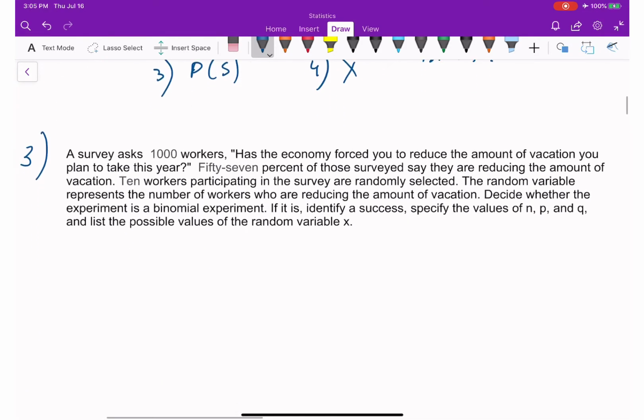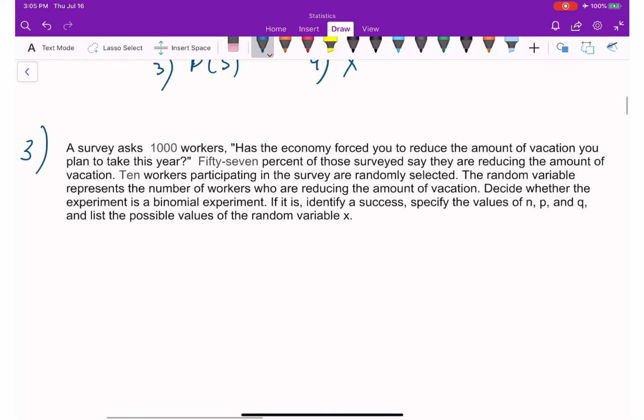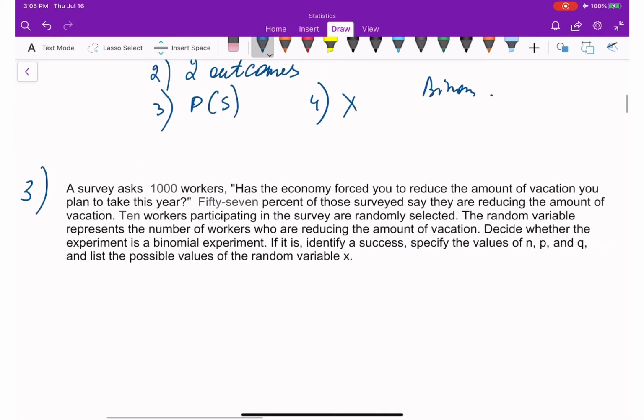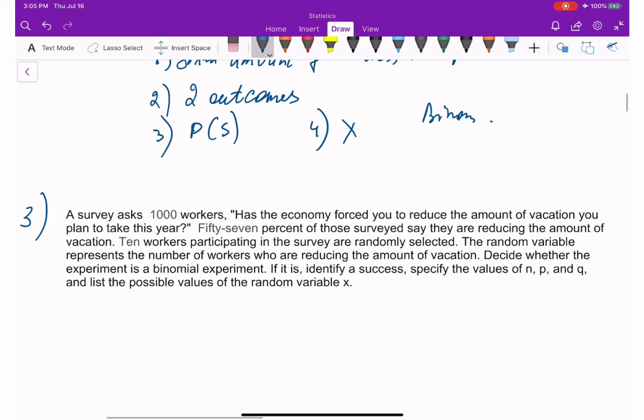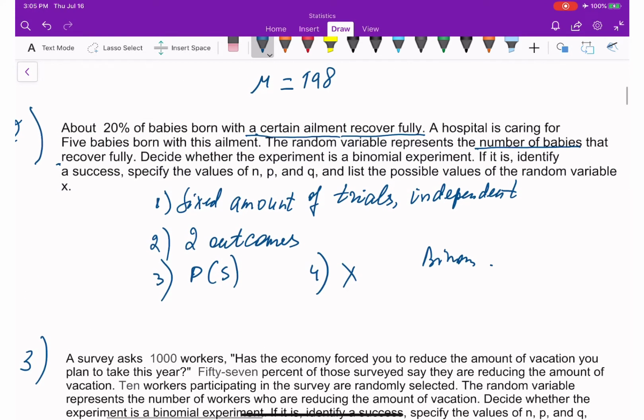Moving to number 3, exactly the same way we need to determine if it's binomial or not. What does it say also? If it is, then identify the success, specify the values of n, p, and q, and list the possible values of the random variable.